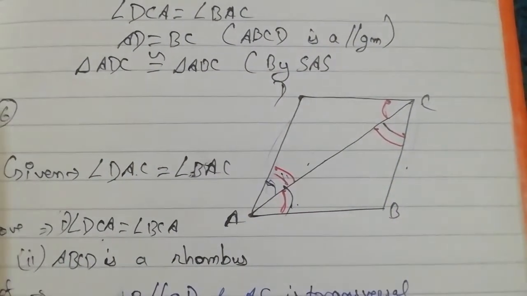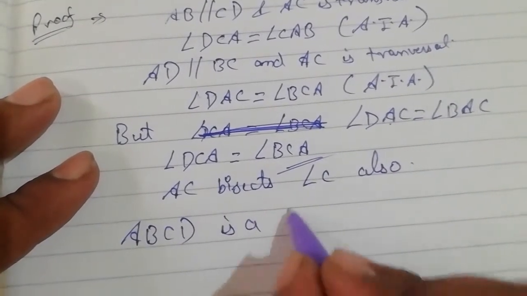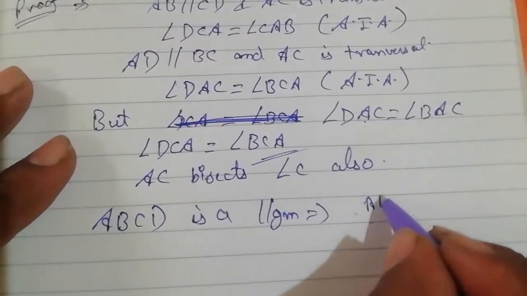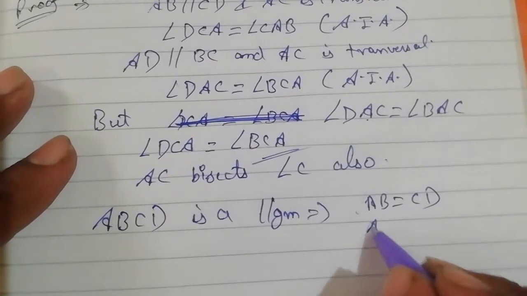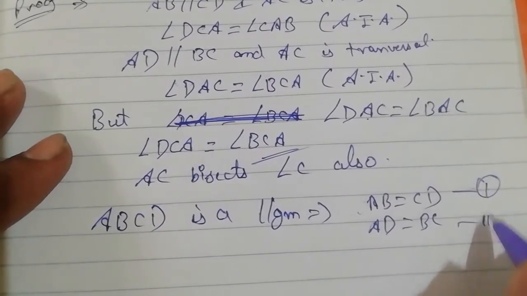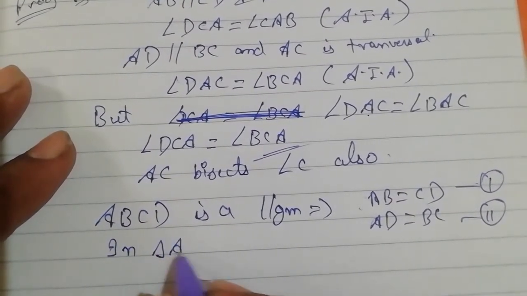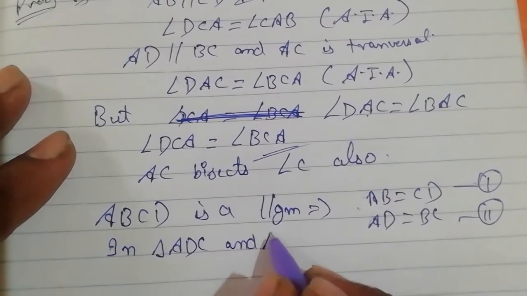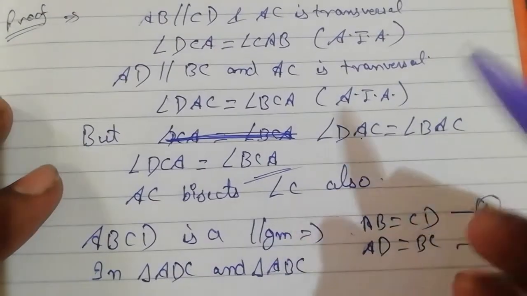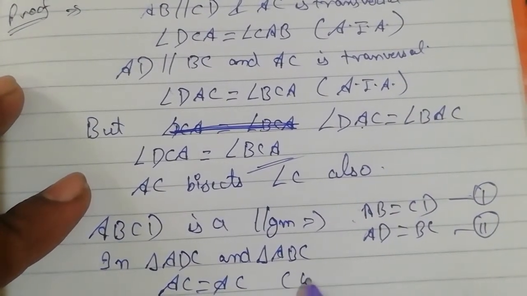Now look, we have to prove that this is a rhombus. ABCD is a parallelogram. So by the properties of a parallelogram we can say that AB is equal to CD and AD is equal to BC. So this is the first equation, this is the second. Now if we take these two triangles, triangle ADC and triangle ABC, we have a common side, AC is equal to AC.